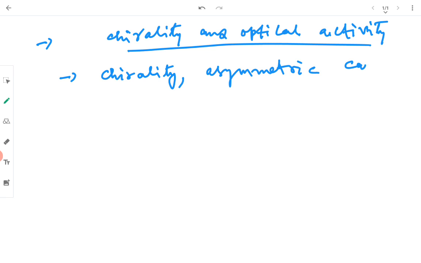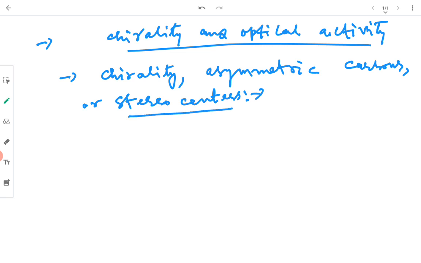Asymmetric carbons, chirality centers, or stereo centers. Stereo center. These are some of the terms which we are going to deal with in this topic.